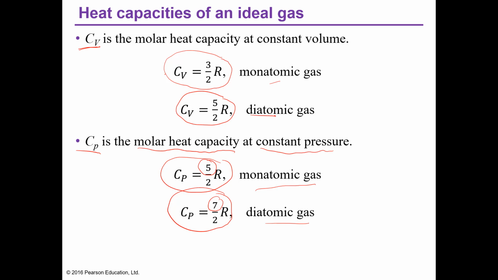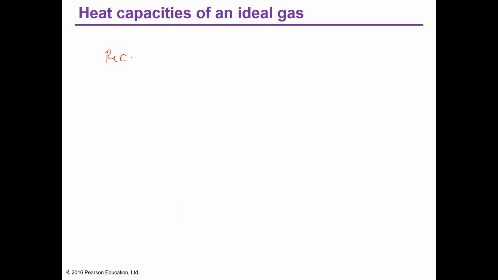we will relate now the CP and the CV. So let's relate them and see what is the relationship between CV and CP. So how to derive these two? Now, if we recall, we have this heat in terms of CV.